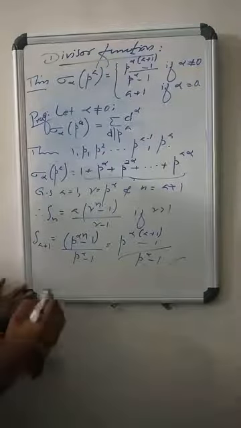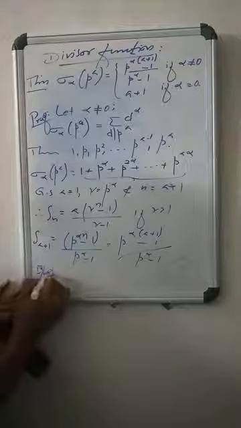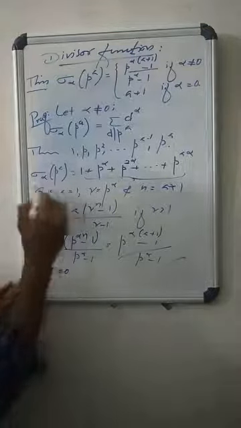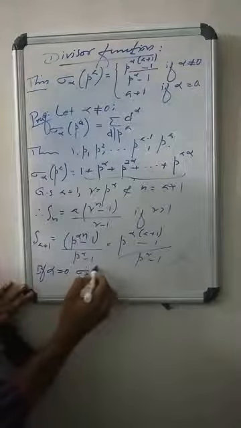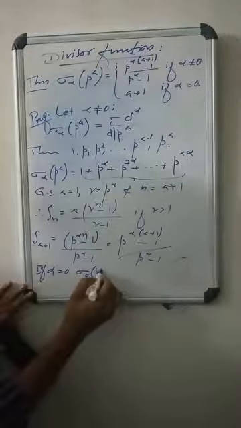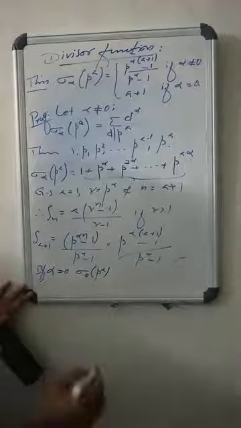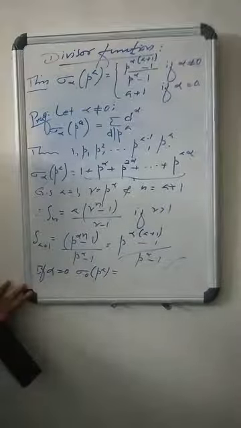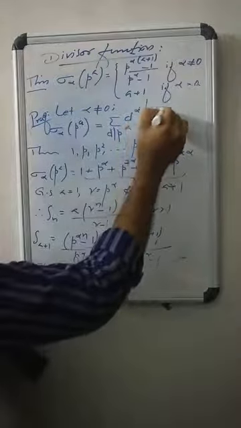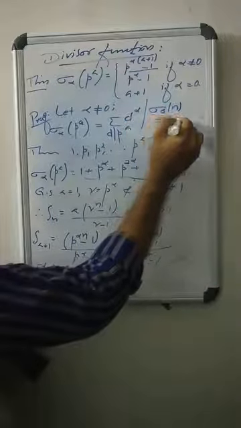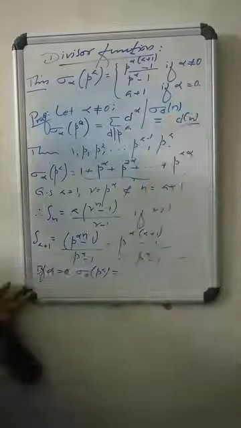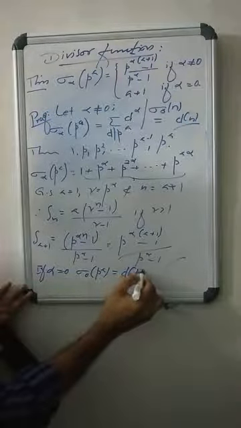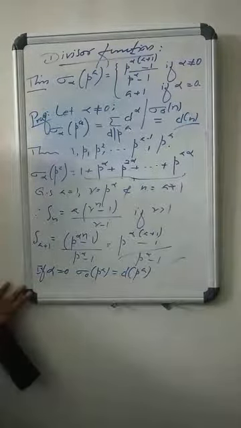Okay. If alpha equals 0, what happens? If alpha equals 0, then sigma alpha of p power a means sigma 0 of p power a. What is sigma 0 of n? It is d of n. We see that sigma 0 of n equals d of n, the number of divisors of n. So sigma 0 of p power a equals d of p power a, that means the number of divisors of p power a.